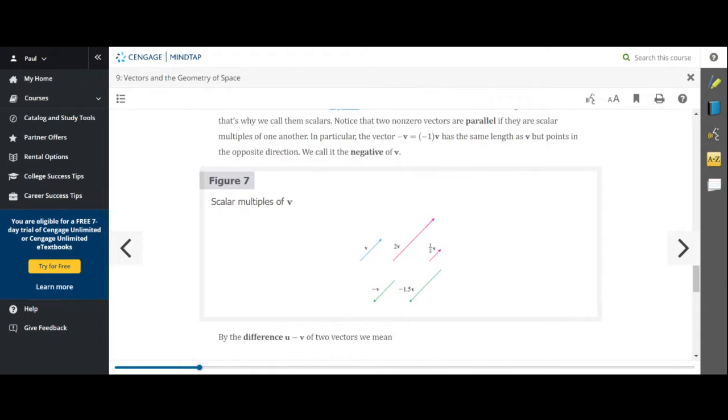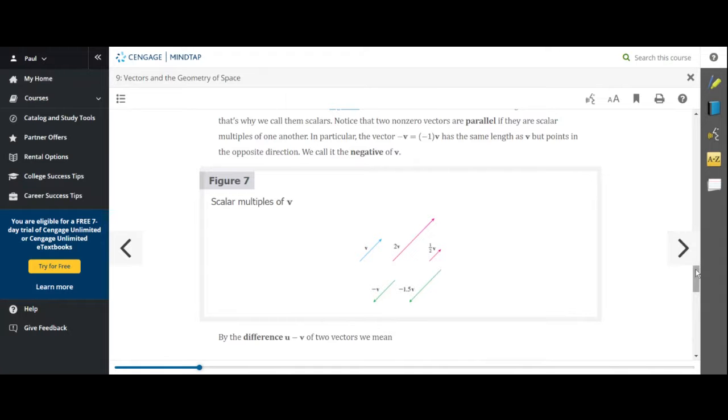It doesn't change the direction, it just doubles the length of it. A half times v will change the magnitude, so it's only half as long. Negative v would reverse the direction of the vector v. So taking the vector v and multiplying it by -1 reverses the direction.